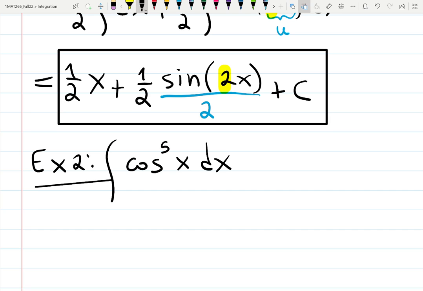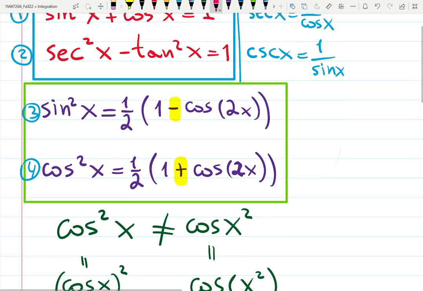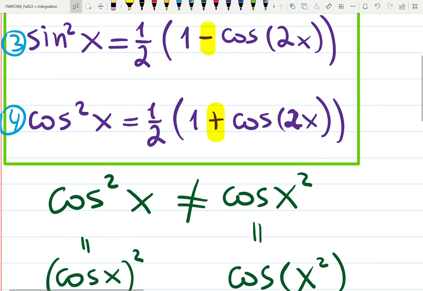The strategy will depend on whether this is an odd or even exponent. So first let's check what happens with odd: cosine to the 11, cosine to the 109, and so on. You can only use formula number 4 with even exponents.